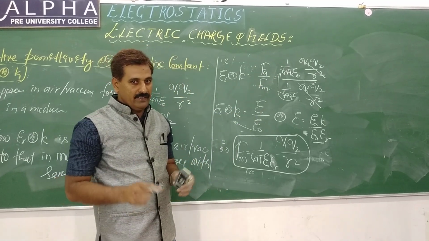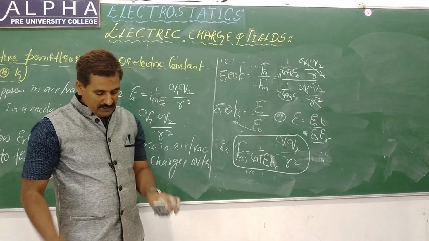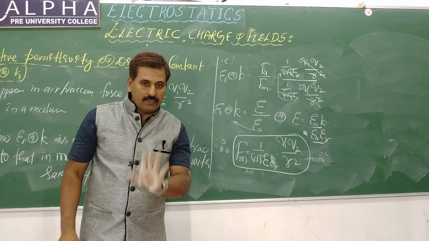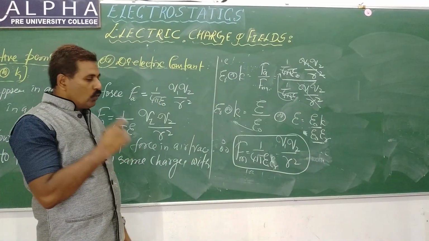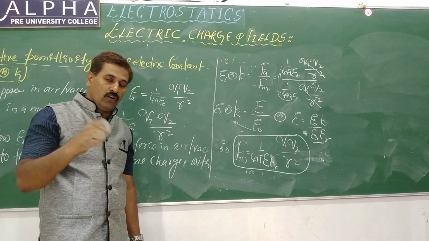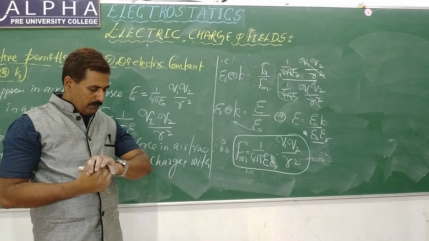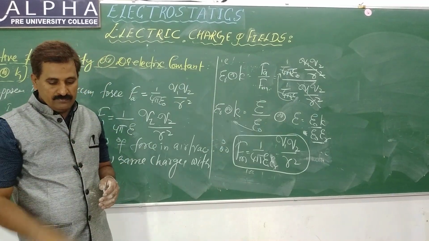Very simple, right? Very important. You have to remember this. Next we will continue with Coulomb's law in vector notation, because force is a vector quantity. We will come to that point next time.